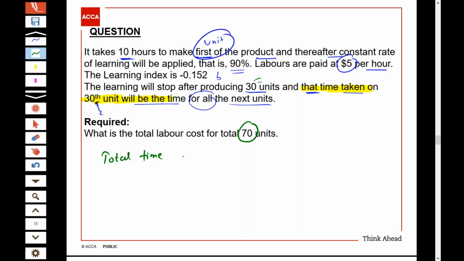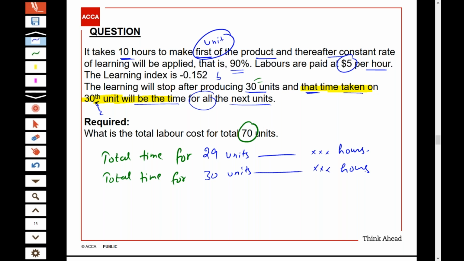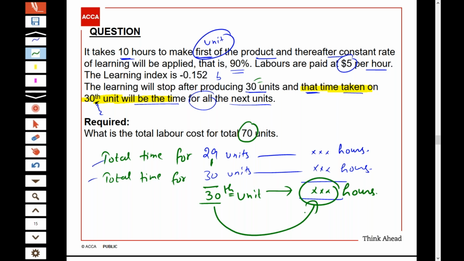Calculate total time for 29 units, number of hours, then calculate total time for 30 units, whatever will be the hours, the total time, and the difference which you will receive, that difference is known as 30th unit alone, and this is the time on 30th unit.